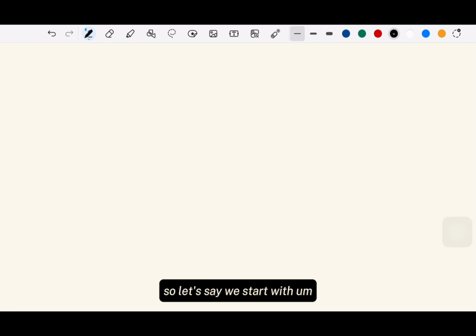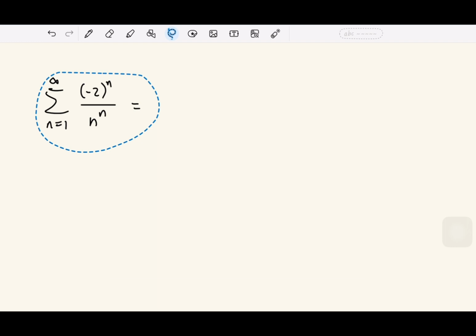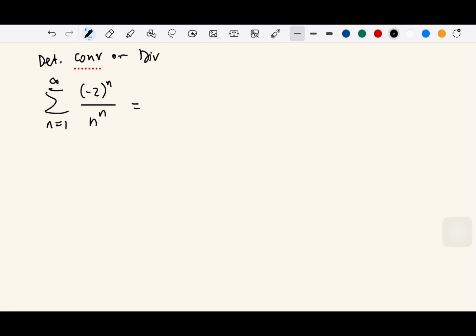So this question is still the same: we need to determine whether the series converges or diverges. And maybe two questions.